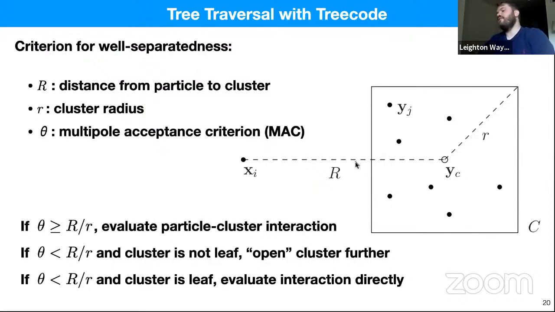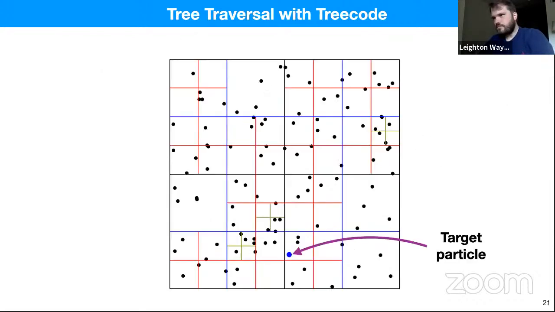If it's less than that, and that cluster is not a leaf, so there exist more clusters below it, then we would open the cluster further and take a look at the children clusters. And if it is a leaf, well, the MAC criterion has failed. There's no further we can go down the tree, so we just have to evaluate that interaction directly.